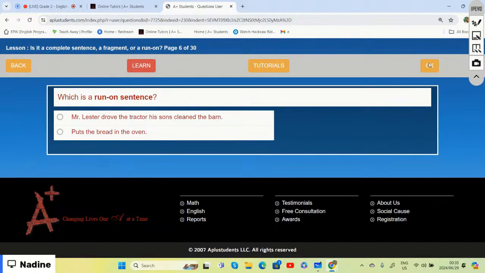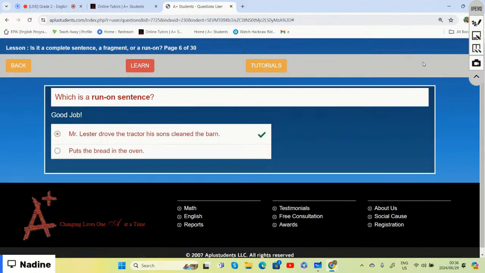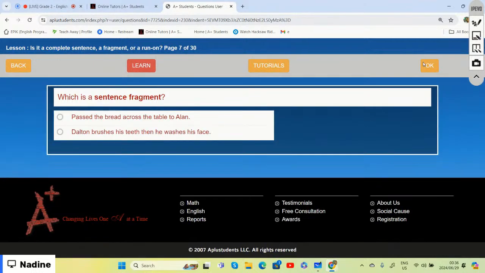Option one, option two, a run on sentence that has two sentences in one. All right. So we're saying our run-on sentence is option one. So well done. Option one is correct.